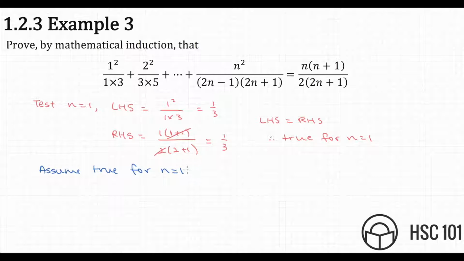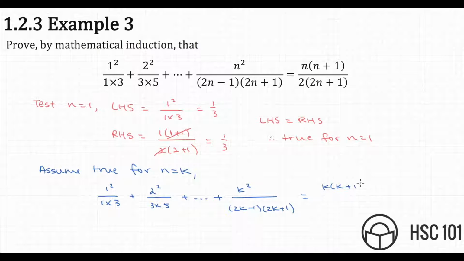If we assume true for n is equal to k, what we're assuming is that 1 squared over 1 times 3 plus 2 squared over 3 times 5 plus ... all the way to k squared over (2k minus 1) times (2k plus 1) is equal to k times (k plus 1) over 2 brackets (2k plus 1). So we're assuming that this statement is true. That's going to be our assumption.